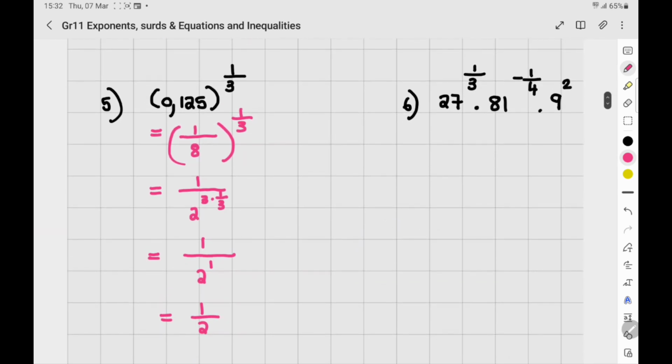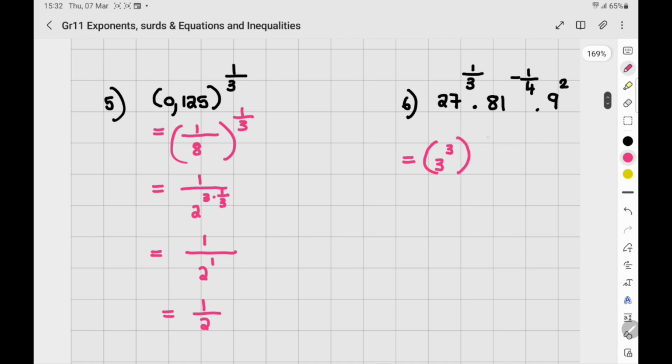Then the last one over here. 27 broken down to a product of its primes is 3 to the power of 3, because 3 times 3 is 9, times 3 is 27, all raised to the power a third. And 81 broken down into a product of its primes is 3 to the power of 4, all raised to the power negative a quarter, times 9, which broken down is 3 to the power 2.